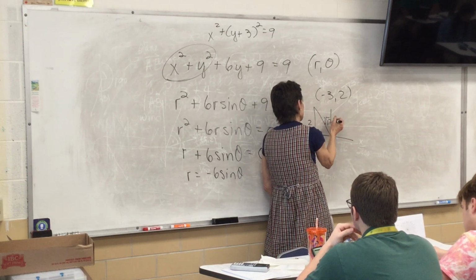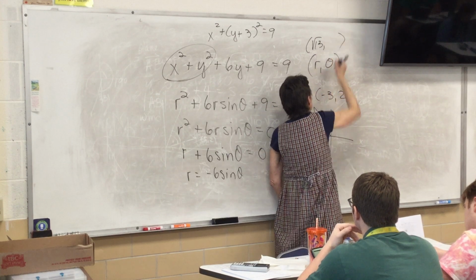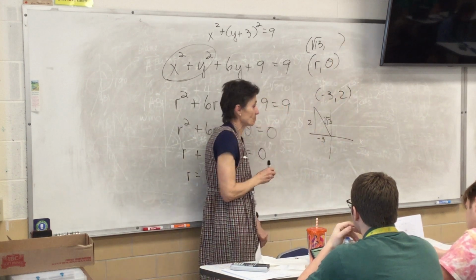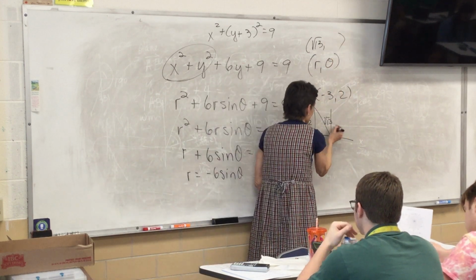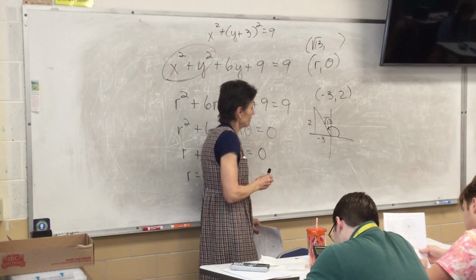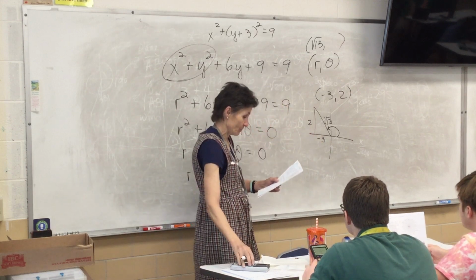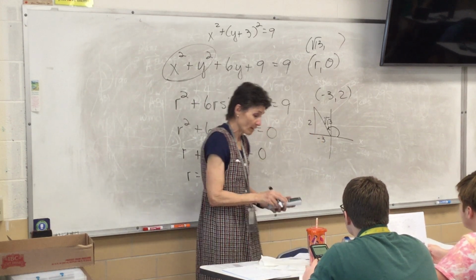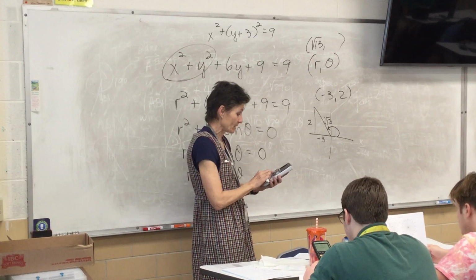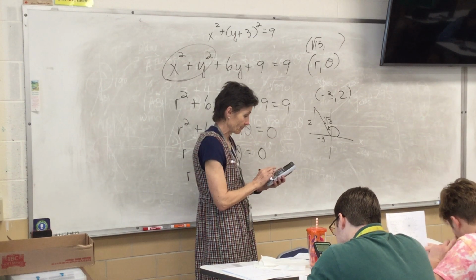So root 13. And then I need a calculator for this problem because I need this angle right here, that's my theta. But this isn't a special triangle, so I'm going to need a calculator. And I'm to do it in radians according to the directions, so I'm going to switch to radian mode.